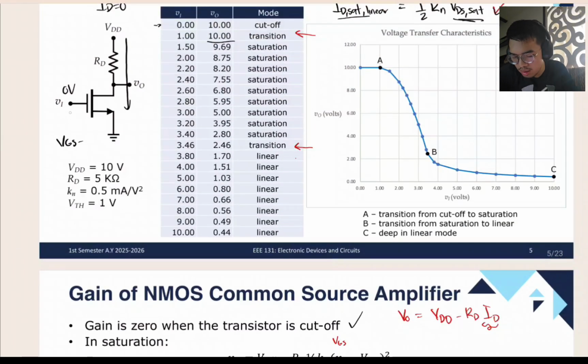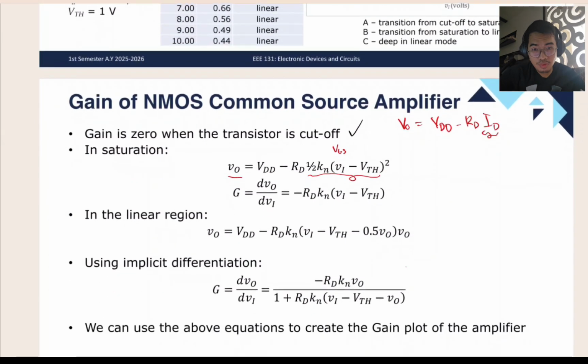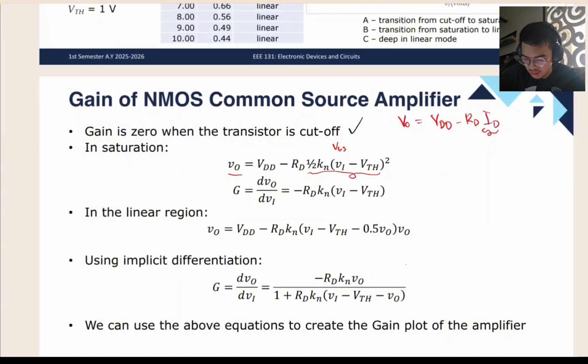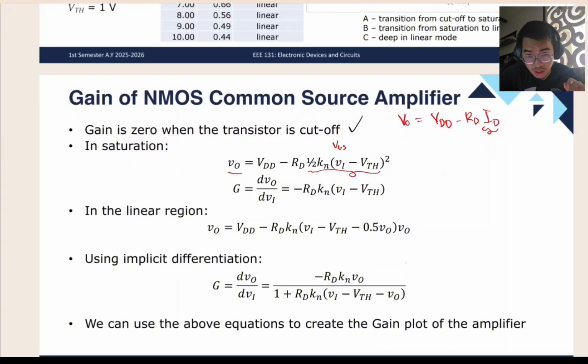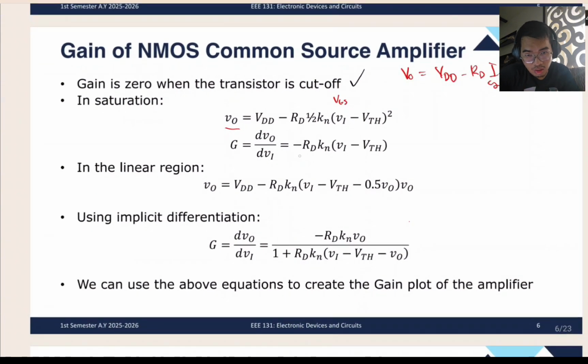But take note that VGS at this part is just your input, so we have (VI minus VTH) squared. Now taking the derivative of this with respect to the input, it's just straight up taking the derivative. We get negative RD Kn (VI minus VTH) squared, and then we take the chain rule of that.